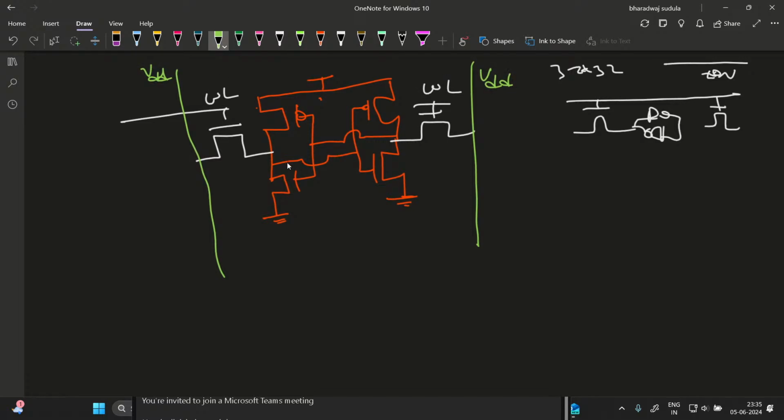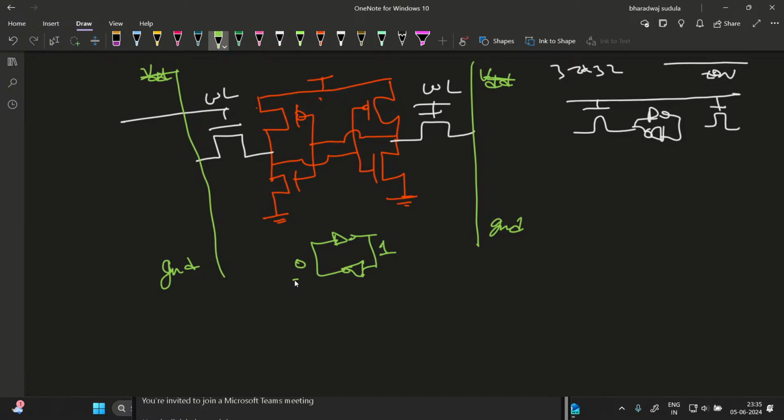In read, this is a back-to-back inverter, right? If you store 0 here, then it should be 1 here. Let's say I have grounded both the bit lines.